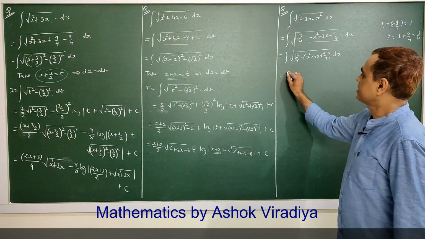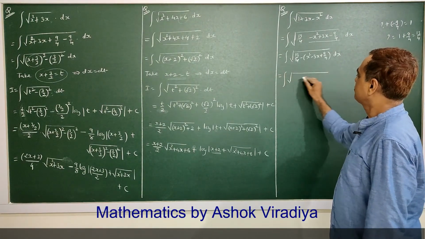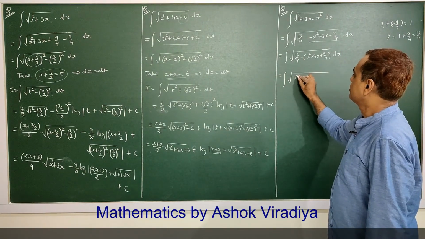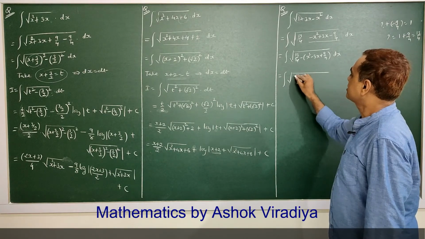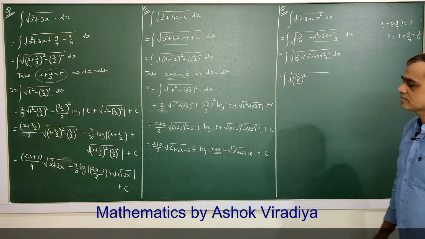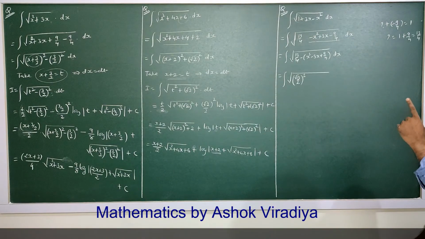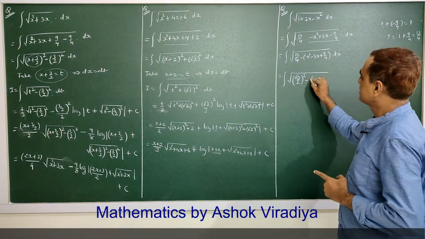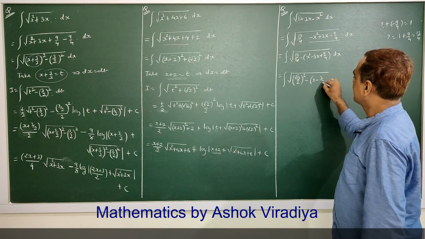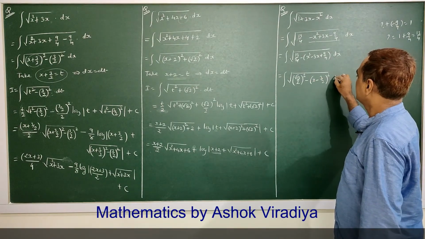So this is square root of (root 13 by 2) whole square minus (x minus 3 by 2) whole square dx.